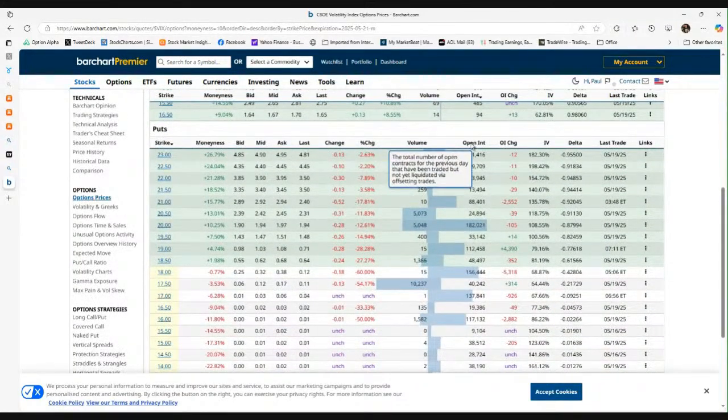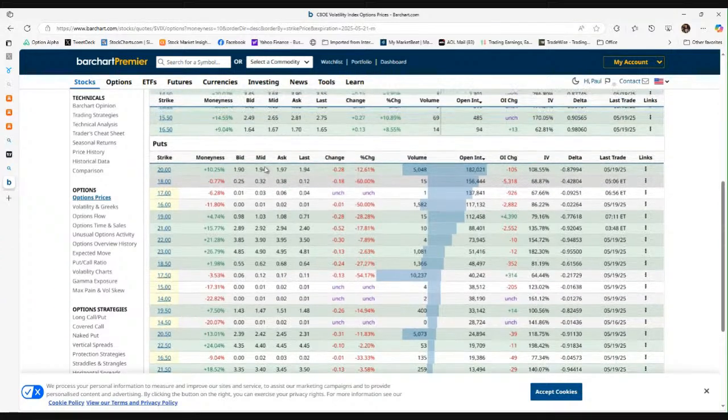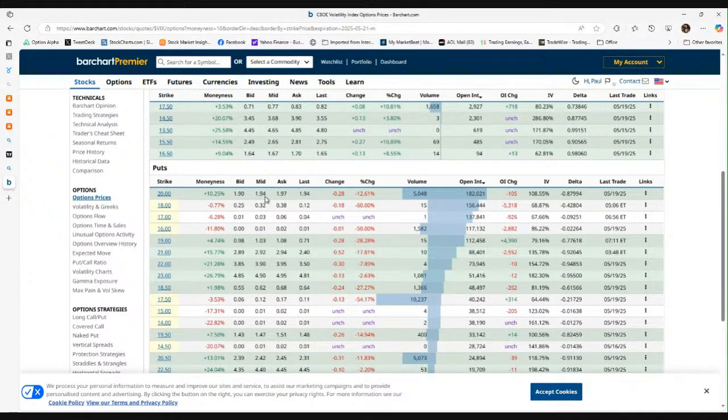What matters on the put side? 18 again. Really, the 20s, so those are in the money. So, in theory, to hedge those, these are pretty much hedged already. They got 0.87 delta.